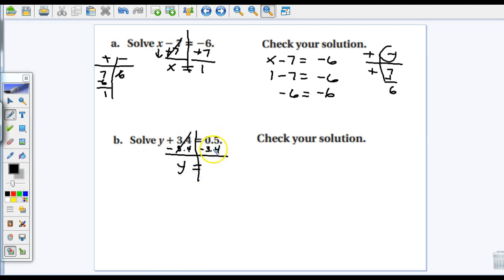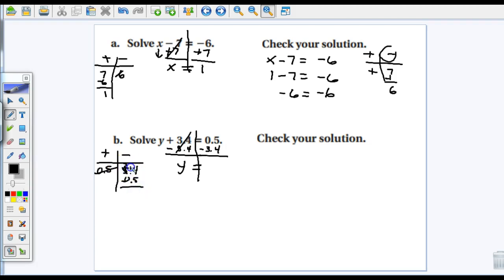Now I have decimals and I have some negatives. Okay, so let's go ahead and do my column. 0.5 is going to be my positive, right? My negative is 3.4. I'm going to subtract 0.5 from this side.